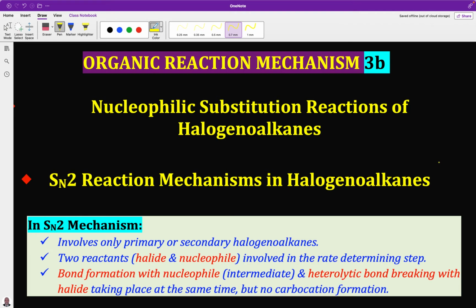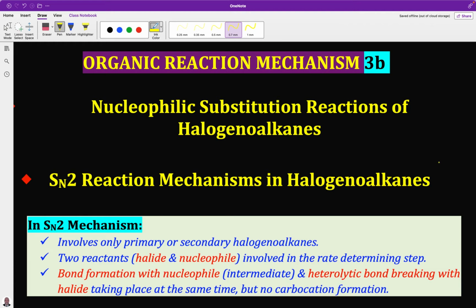And number 3, during this SN2 mechanism, there is bond formation with the nucleophile, and at the same time there is heterolytic fission or bond breaking with the halide. Immediately the halide leaves, the nucleophile takes the position.